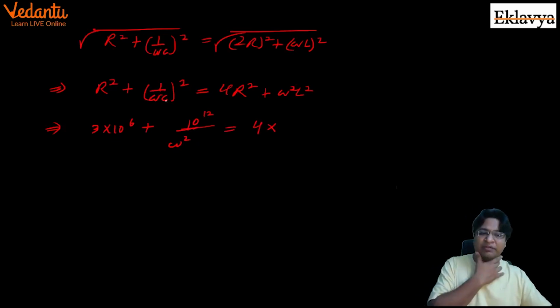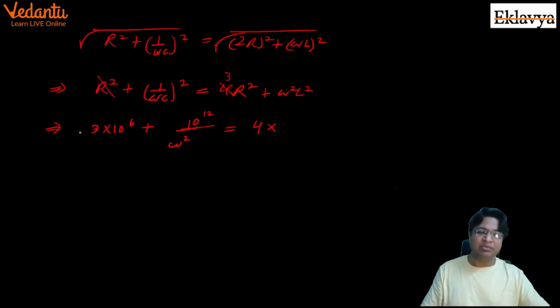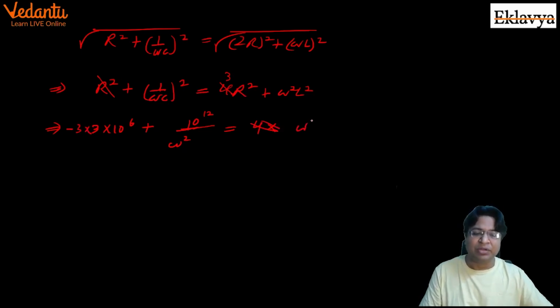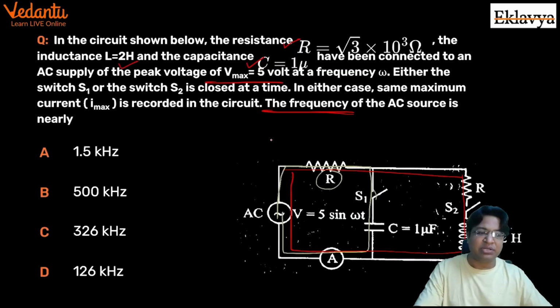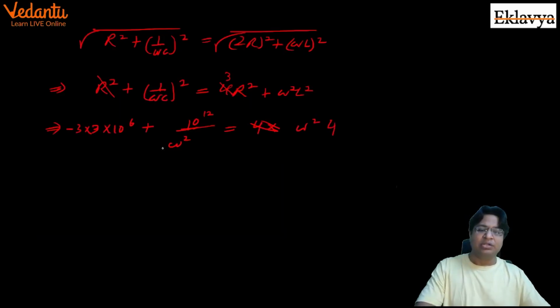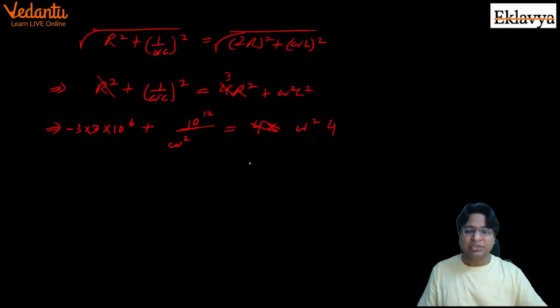Actually we can cancel this and make it 3R square, so this becomes minus 3R square here. So we have taken care of this, and this term is not needed. Omega square into L square, where L square is 4. So we can rearrange this term to make an equation like 4 omega raised to power 4.